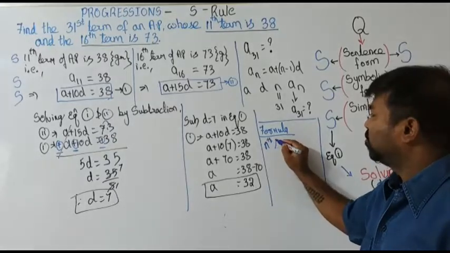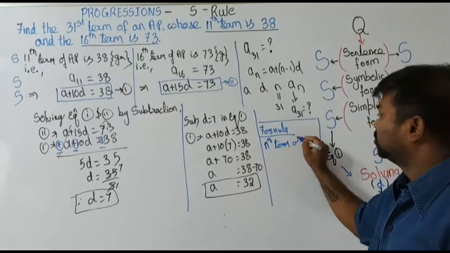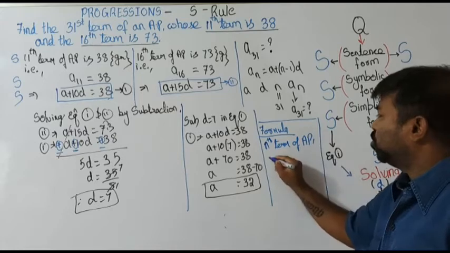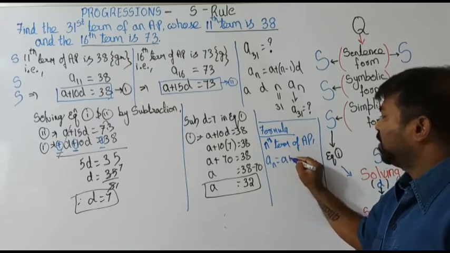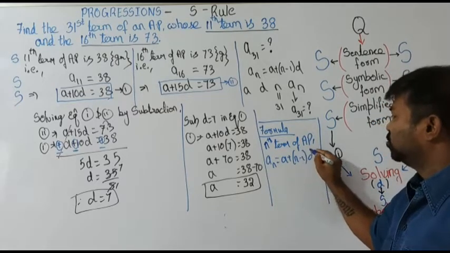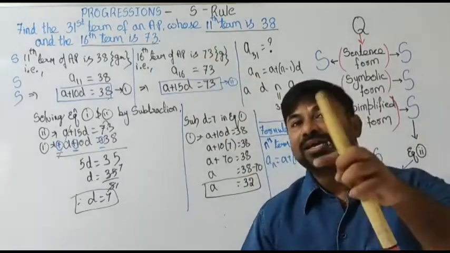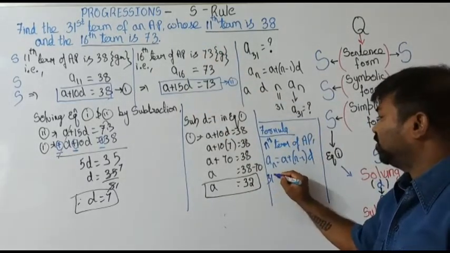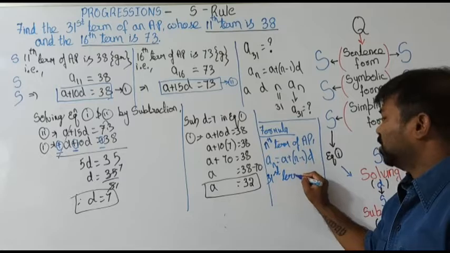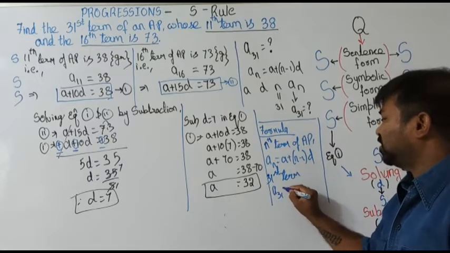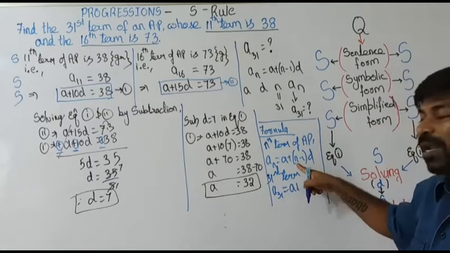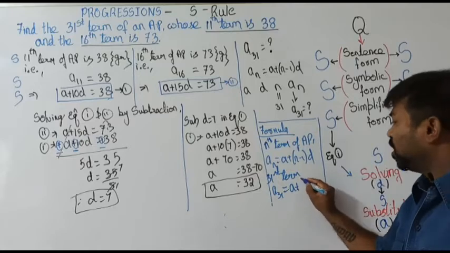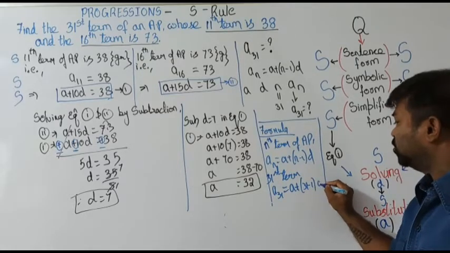So nth term of AP, the formula as you know, an equals a plus n minus 1 into d. But what is the term required? 31st term. Okay, a31 equals a plus, in the place of n, substitute 31. 31 minus 1 into d.